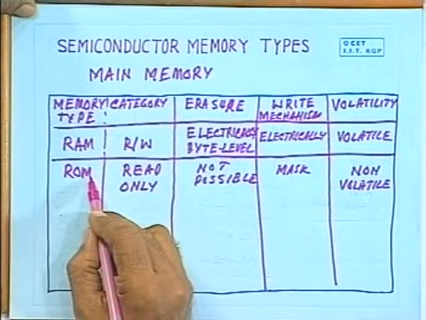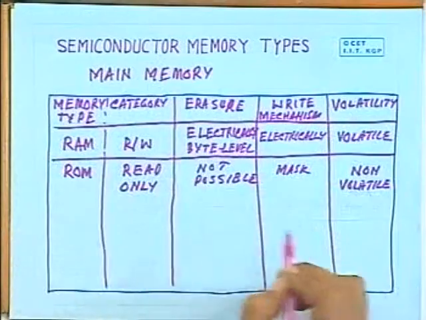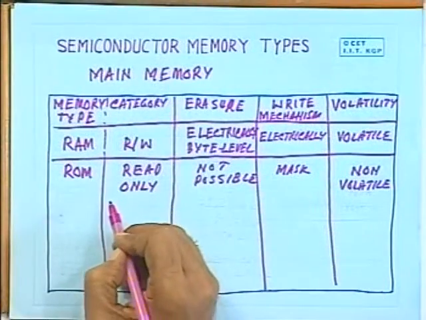So the programs which should be stored in non-volatile memory are stored in read-only memory. And particularly a part of the operating system, loader, and those programs, or the monitor program, are stored in ROM.